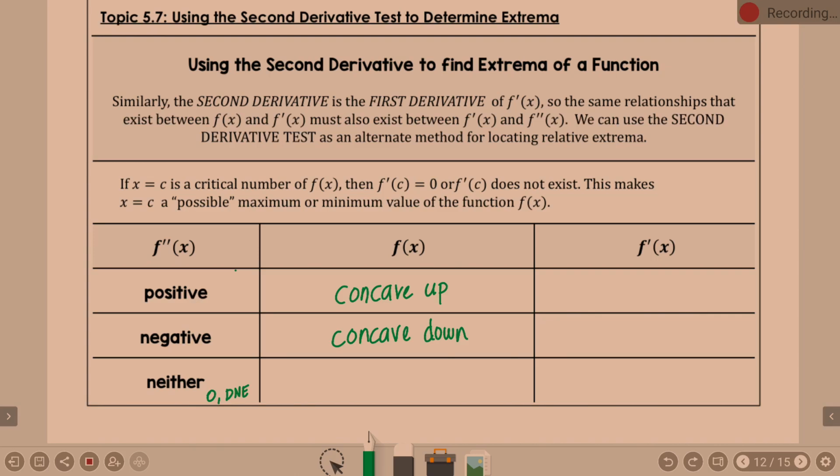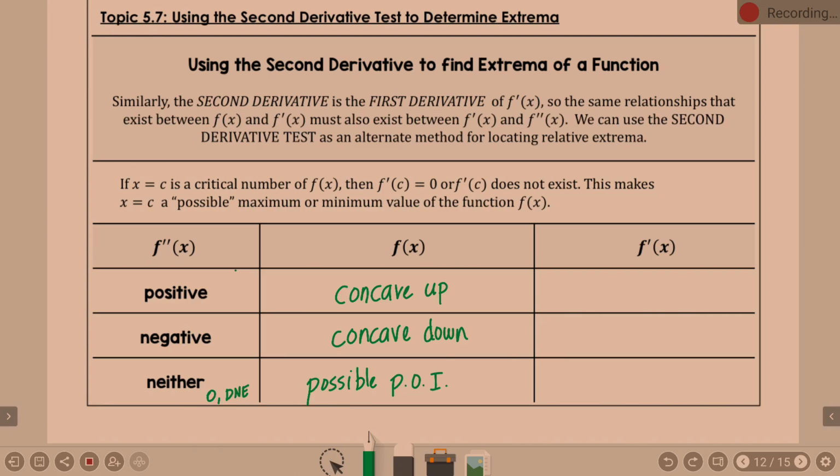What connects concavity? An inflection point. So I'm not going to say it is an inflection point, but it is a possible point of inflection. Okay?